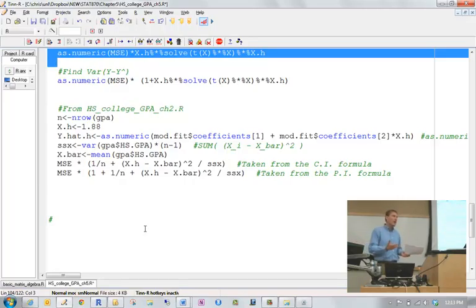You know how to use the solve function to get the inverse? It's easy. That's why I went through this stuff fast. Then once we get into chapter 6, we can look at more statistical issues rather than mathematical issues like what we've been doing right now. Are there any questions? Okay, that's it for today.